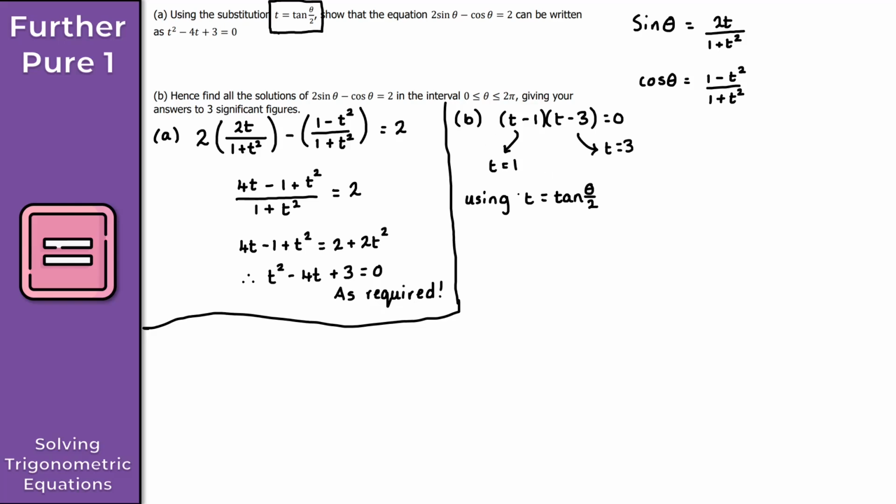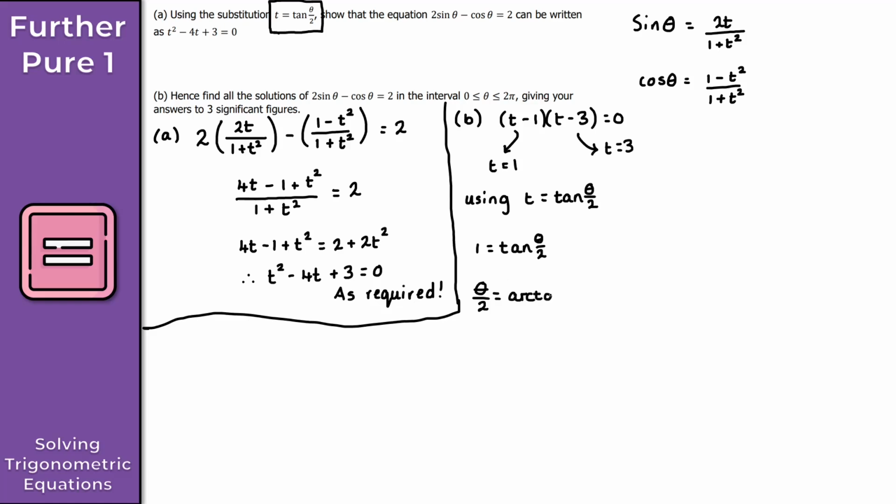So starting with when t equals 1 then, I get 1 is equal to tan of theta over 2, like so. So obviously we want to solve for theta here, right? We just take tan inverse of both sides, or arctan, whichever you prefer. In that case then, theta over 2 is equal to arctan of 1.